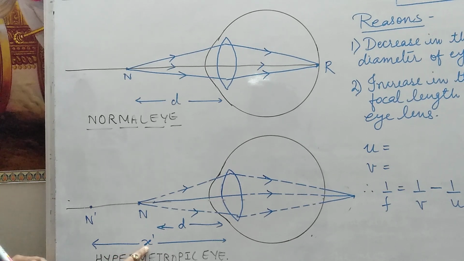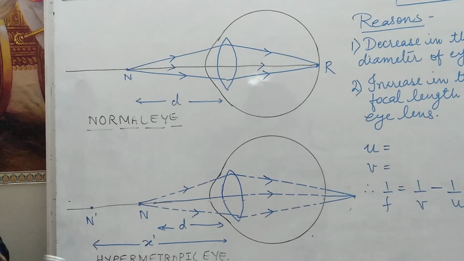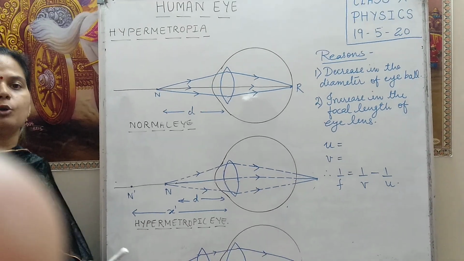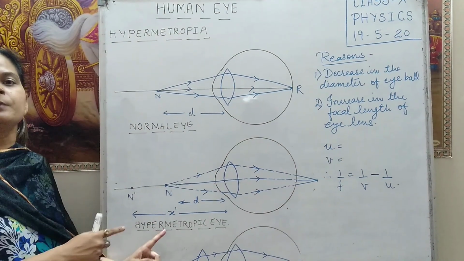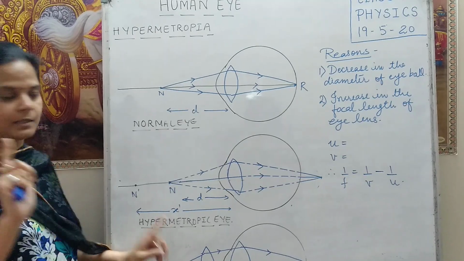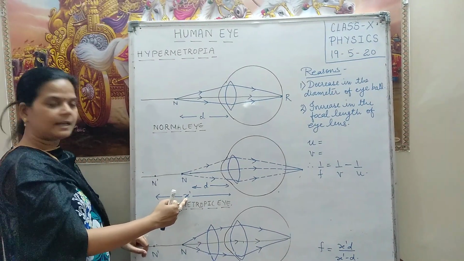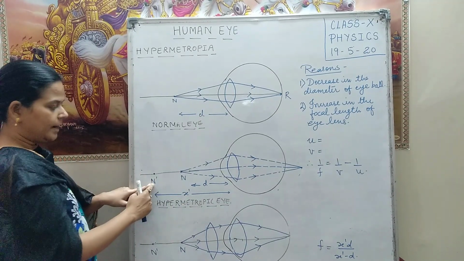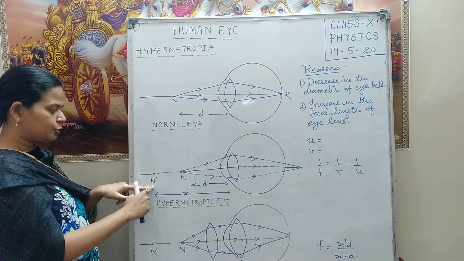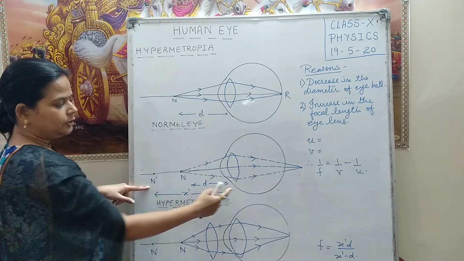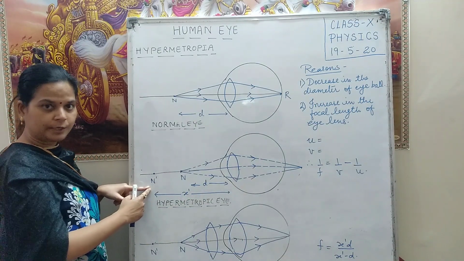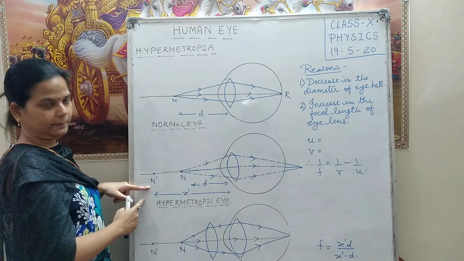I have not taken x because in the last topic, while talking about myopia, I took the far point as x. So here I have taken the distance of the near point as x dash, not x. So let the near point of the hypermetropic person be n dash, and the distance of this new near point is x dash from the human eye.